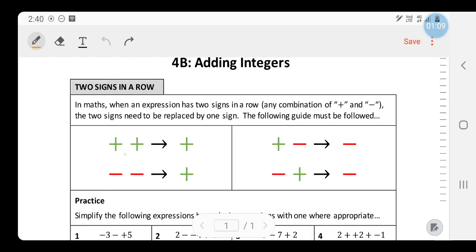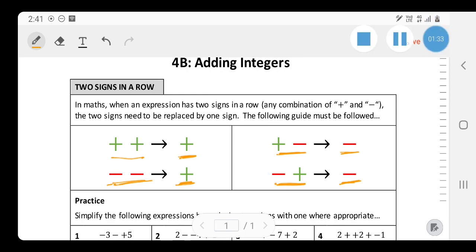Two positive signs in a row turns into a single positive sign. Two negative signs in a row also turns into a single positive sign. And any combination of one plus and one minus, whether it's plus minus or minus plus, they both turn into a single minus sign. Now, how weird is that?